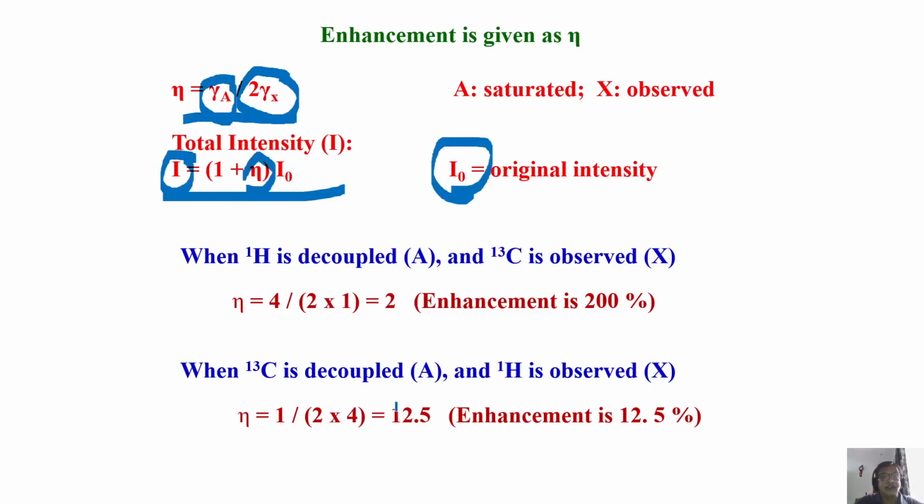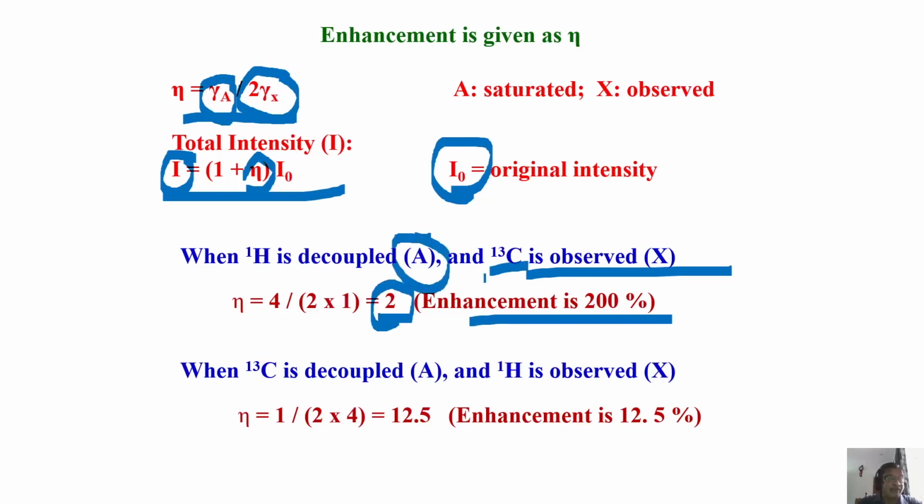If you put it into that, for the case where proton is decoupled and carbon 13 is observed, you get gamma A over 2 times gamma X, and you calculate it as 200%. So there is a 200% enhancement in the case of carbon if I decouple proton and observe carbon. That is why we got better signal to noise ratio when we decoupled proton and observed carbon.